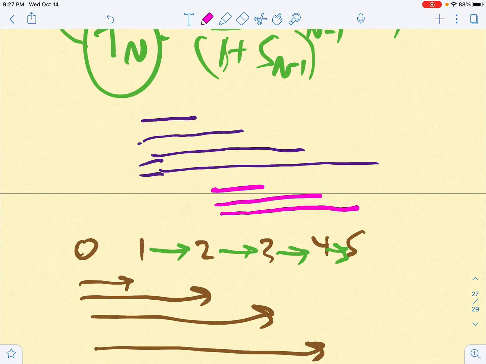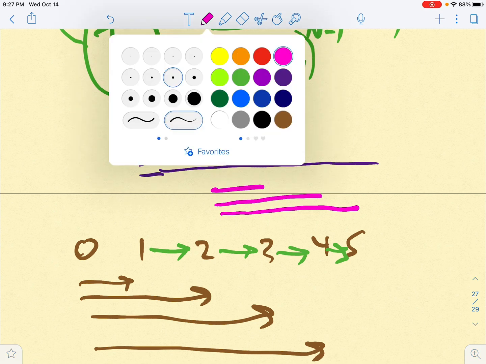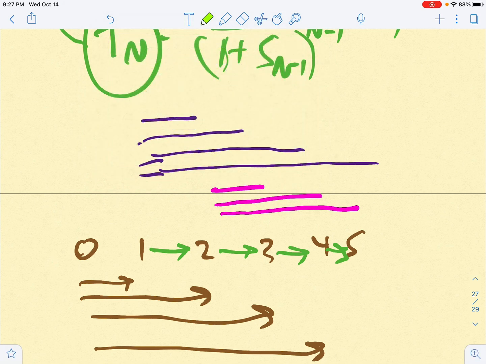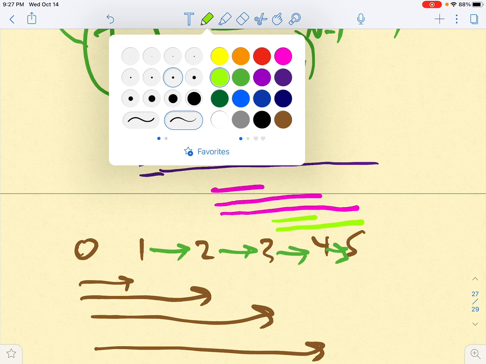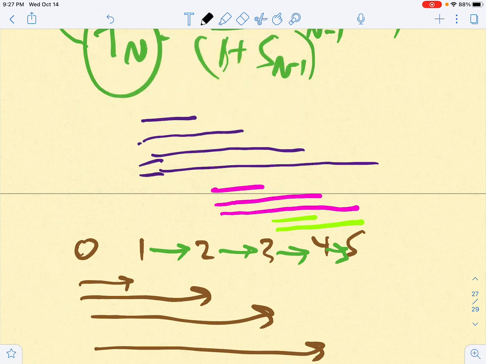And we could find the one expected to be in existence at date 3. And that would look like this. And the one at date 4 would be kind of, I guess, interesting. It would just look like this.